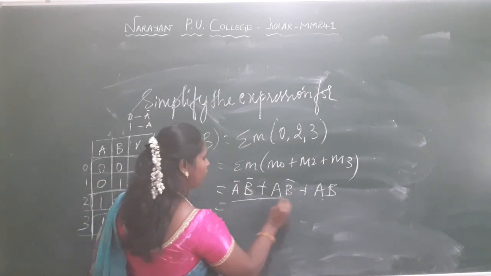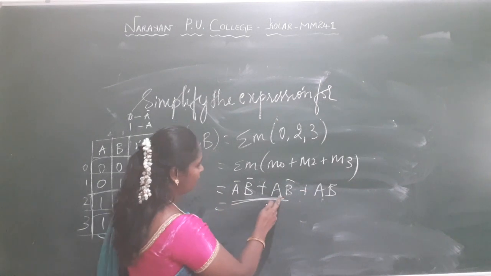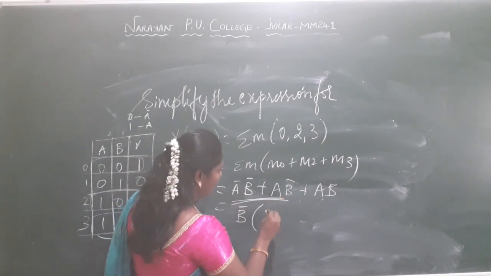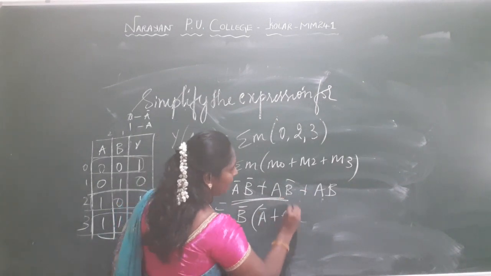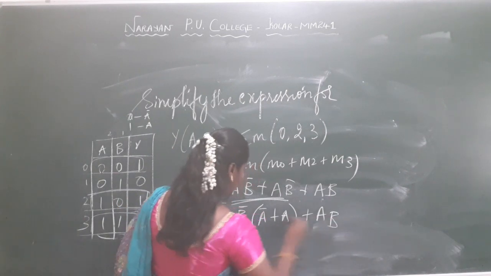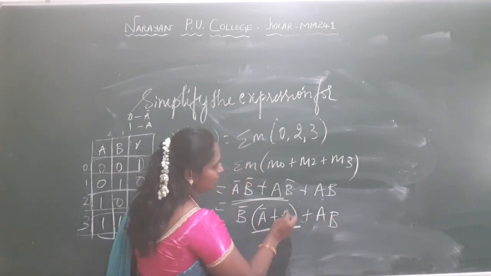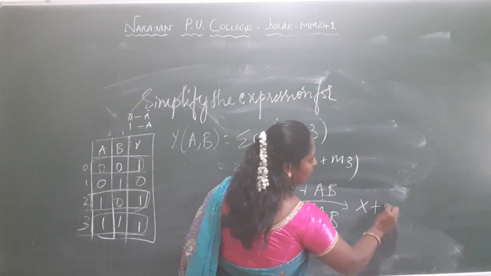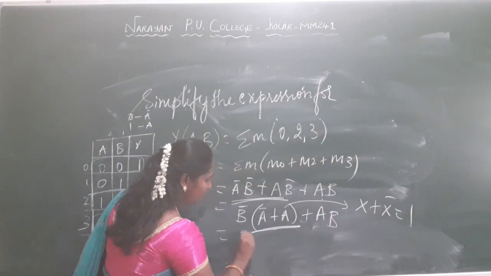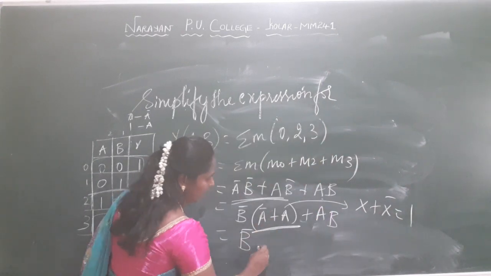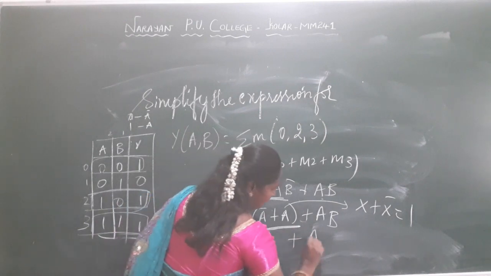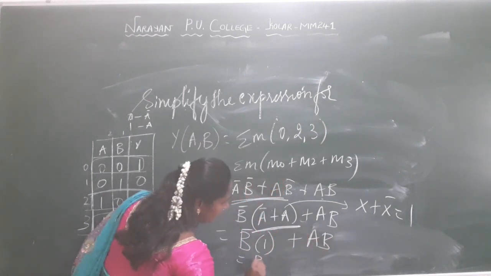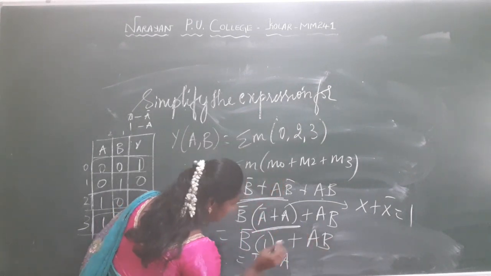In this, find the common variable, b bar. The remaining is a bar plus a, then plus a b. Using the complementarity law, x plus x bar is equal to 1, b bar stays as it is, a bar plus a is 1, plus a b. So next is b bar plus a b.